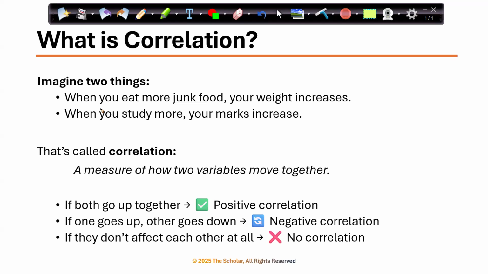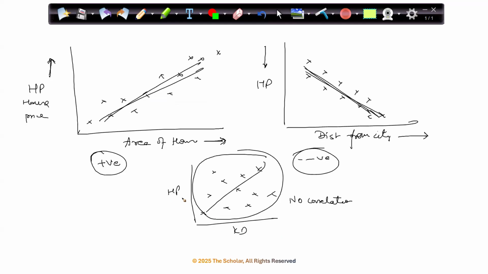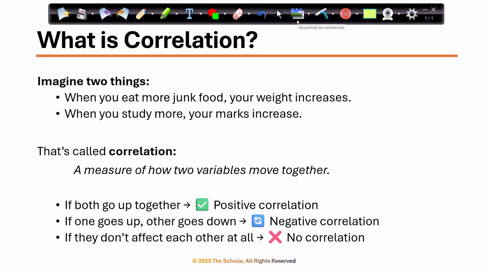The example we have seen is the kid's age and house price, right? There is no relationship between these two features, so in that case, there is no correlation.